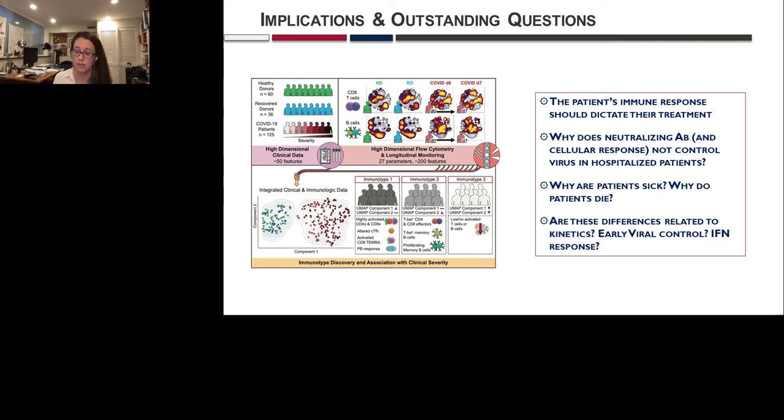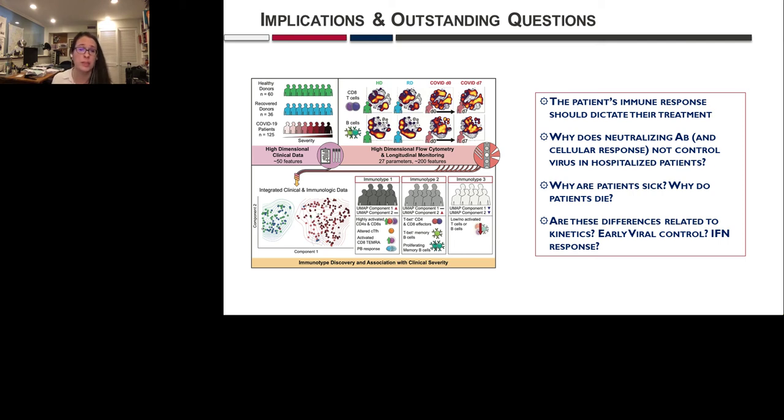Is it viral mediated? We still don't understand. And it's probably very different for each individual patient. And the last interesting thing that I think about a lot is, are these differences related to kinetics? There's some emerging evidence that suggests that early viral control is very important. And part of this is perhaps an interferon response.